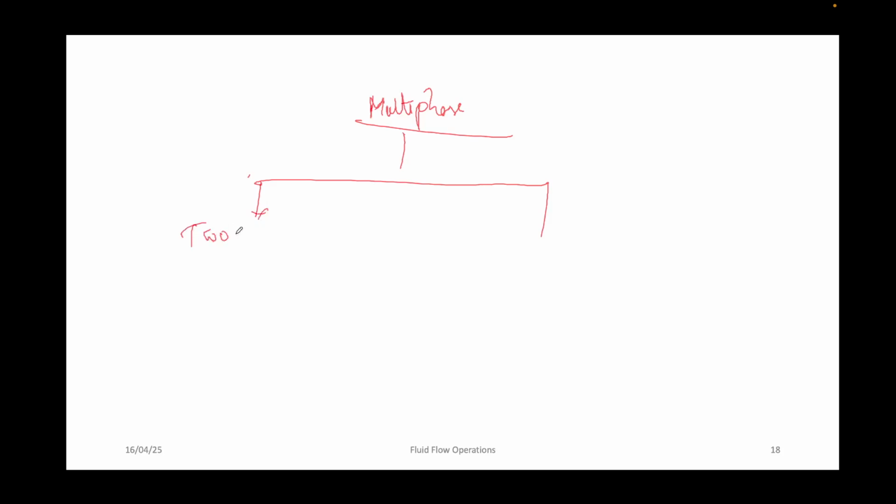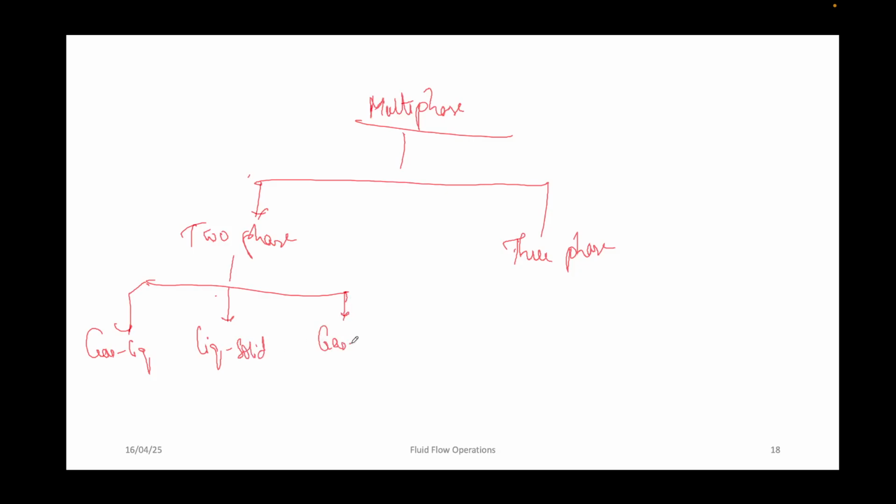Under two-phase we have gas-liquid, then we have liquid-solid and gas-solid. So all these variations come under two-phase multi-phase flow.